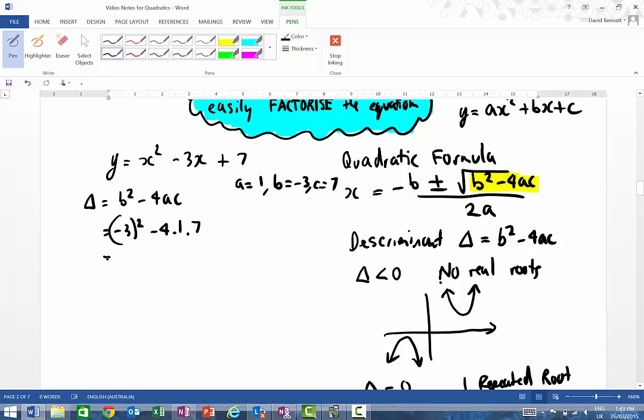Minus 3 squared is 9, and negative 4 times 7 is negative 28. So that gives an answer of minus 19. Therefore, no real roots. I don't have to do any more because I know it's got no real roots.